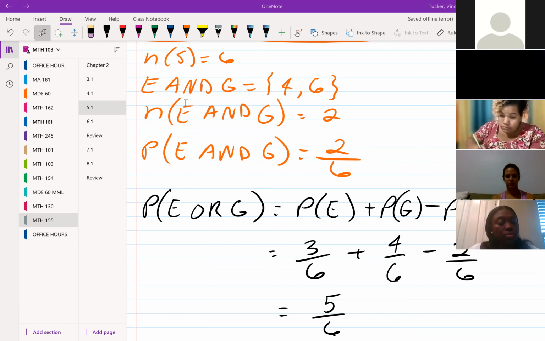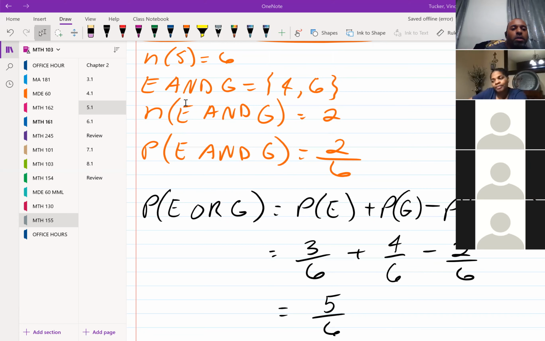All right. Any problems? Can I scroll up? And that whole problem, what is that called? What were we finding with the 5 over 6? Well, what's the probability of rolling an even number or a number greater than 2?